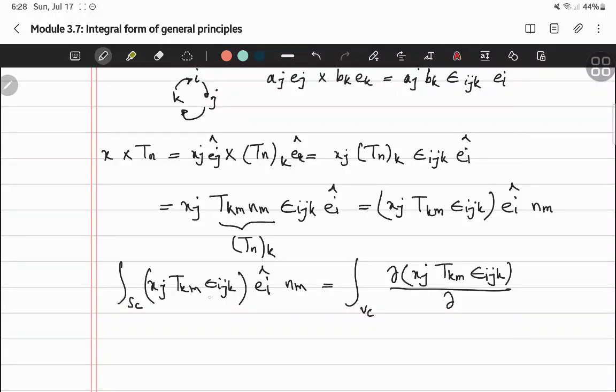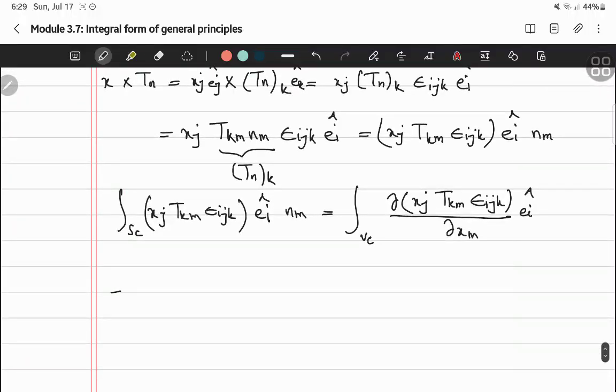So this is going to give us, and this is e_i, so we have j, we have k, this is i, and this is going to be m because we have i in here. All right, so if we expand this, we put e_i here so we don't lose track, and we also have this dS in here, and this is dV.